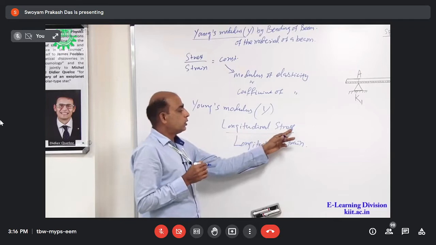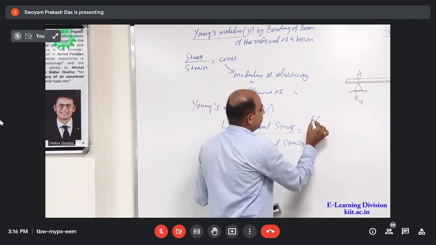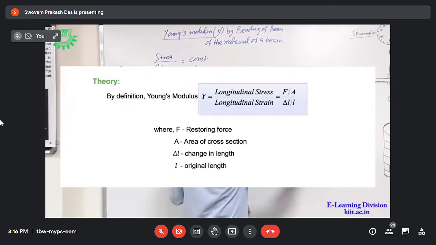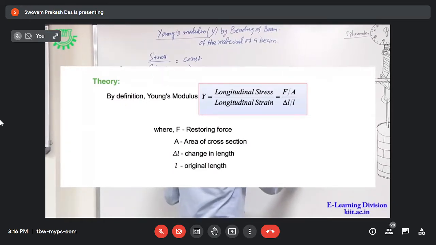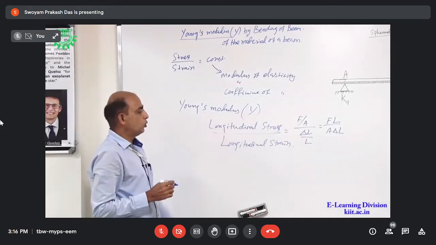So if I take longitudinal stress as force per unit area, F by A, divided by longitudinal strain, del L by L, then it becomes FL divided by A del L. So this is the Young's modulus.